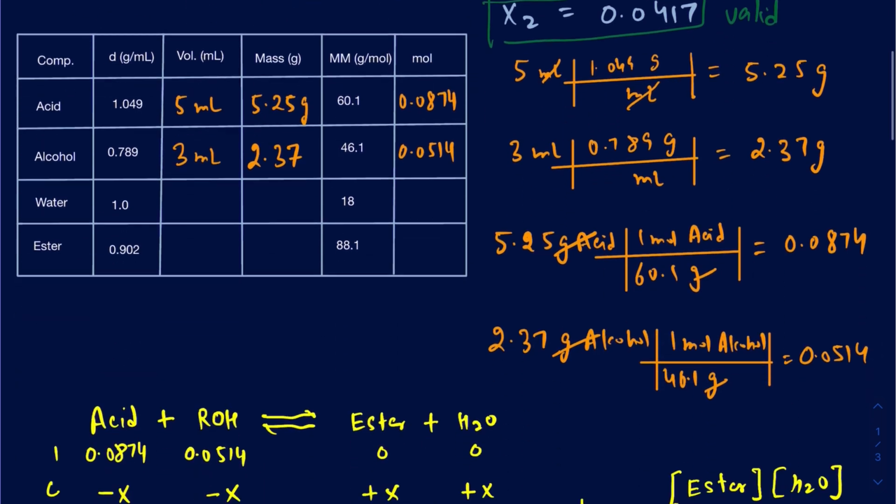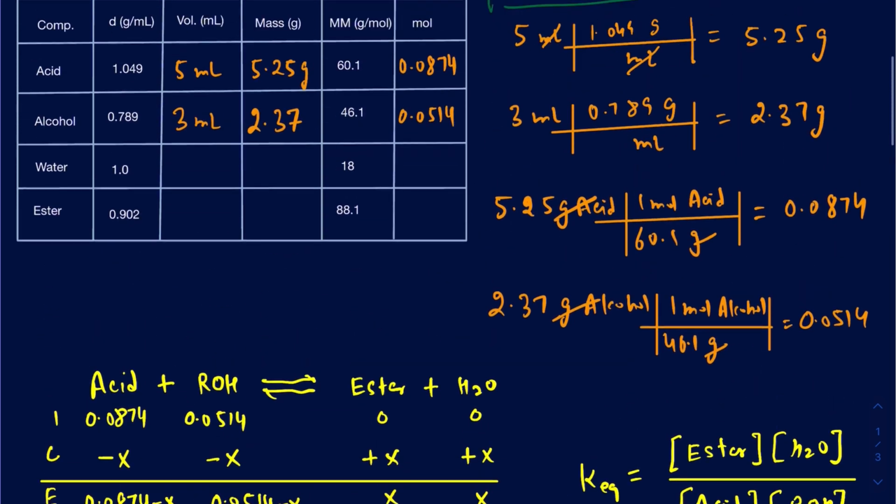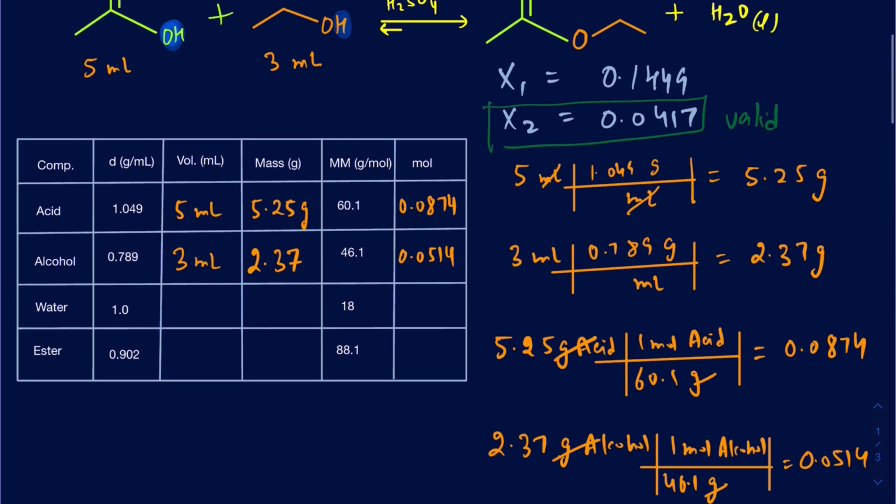So your x here for the ester and for the water comes out to be these many moles. Let's write that down. For the ester, it's supposed to be 0.0417 moles, and even for the water, we're supposed to have 0.0417 moles.